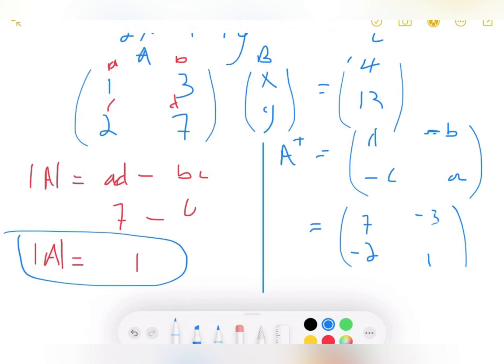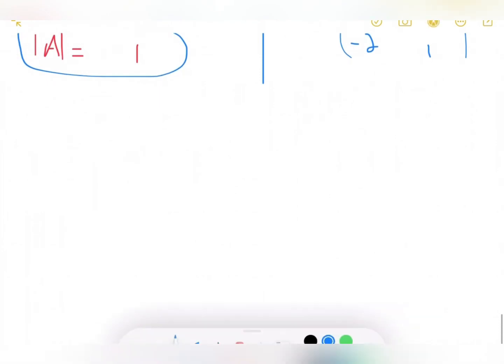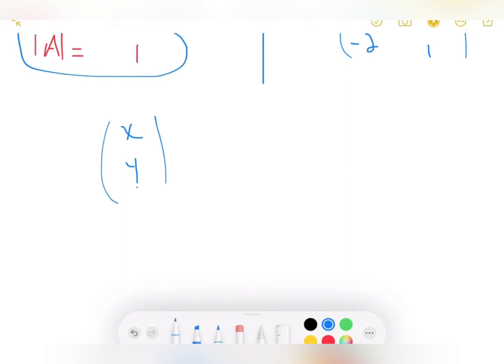The next step is to multiply these by each other and then multiply them by C in order to find B. So let's set that up so we can find B, which is X and Y. If we write it like this, X, Y, which is our B, is equal to 1 over the determinant, which is 1, as we can see here. And we're going to multiply that now by our transpose, which is 7, negative 3, negative 2 and 1.